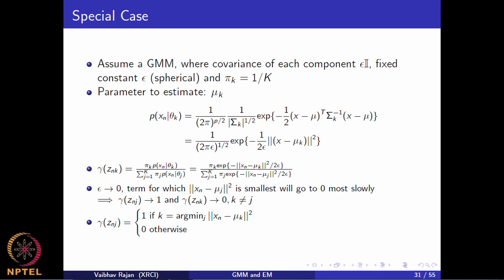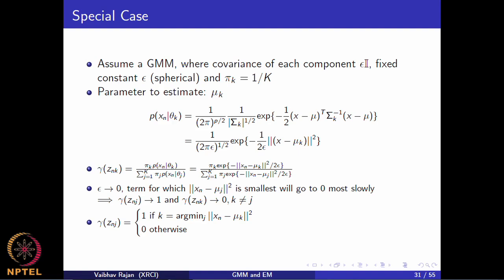Now, if you look at this expression and see what happens to the denominator as epsilon tends to 0. As epsilon tends to 0, the term for which this difference is smallest will go to 0 most slowly. And so, the responsibility will tend to 1 for that particular jth component here, because the numerator will be equal to the denominator in the limit, and for all others the responsibility will go to 0.